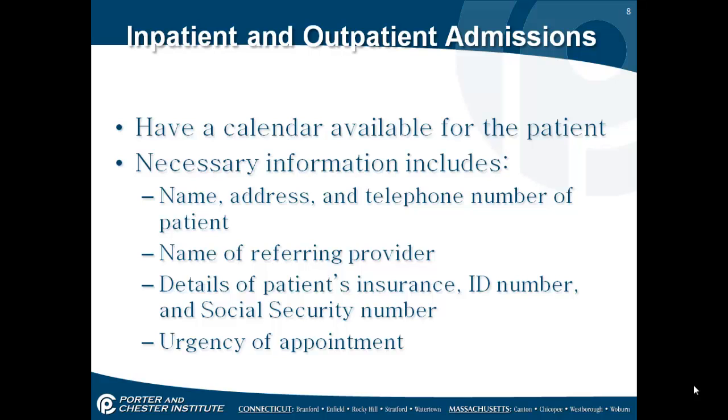Some of the necessary information that should be included is the name, address, and telephone number of the patient, name of a referring provider, details of the patient's insurance, identification number and social security number, and the urgency of the appointment.